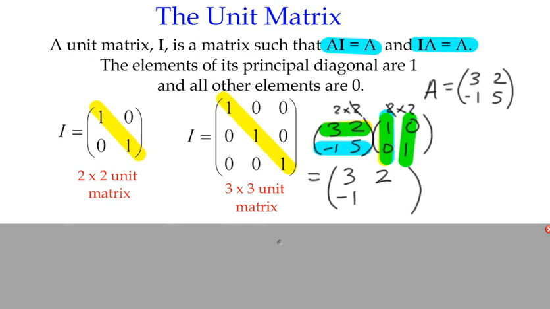And then the last pair is 0 plus 5 is 5. And if you look, we've got the same matrix as we started with. So multiplying by the unit matrix doesn't change a value.